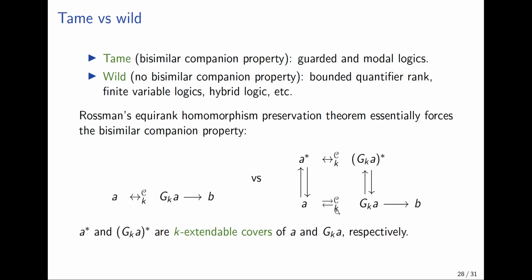And then you can try to look for objects A star and GK A star, some extensions of A and GK of A, that are homomorphism equivalent to the corresponding objects and such that you have K bisimilarity here.